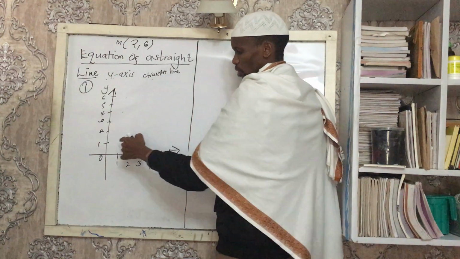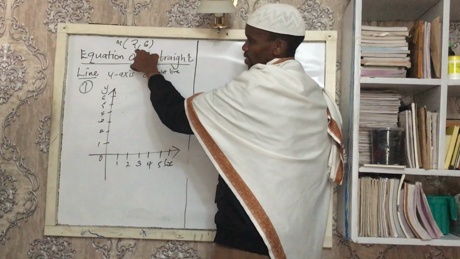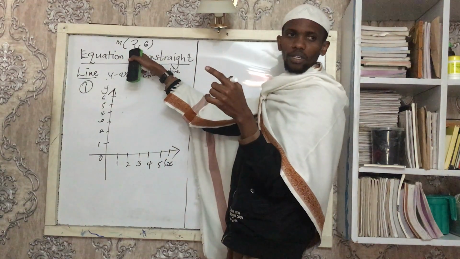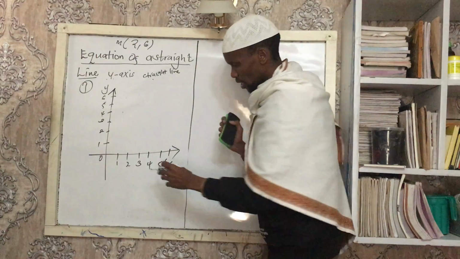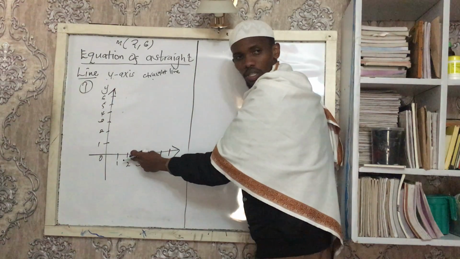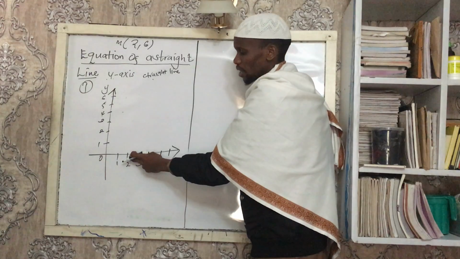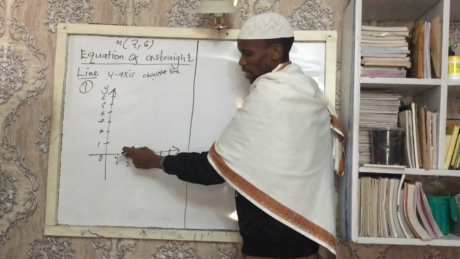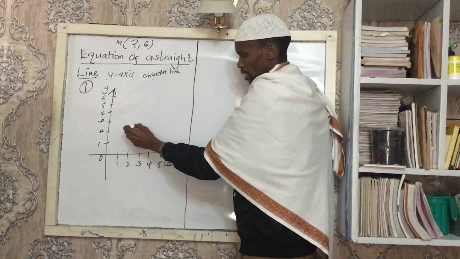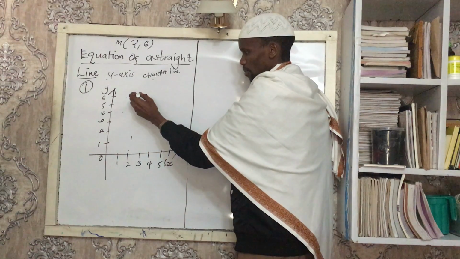The first figure here represents what? X, reading on the x-axis. So the x-axis reading is 2, and then 6 on the y-axis, we go up the line to 6, maybe 6 here.